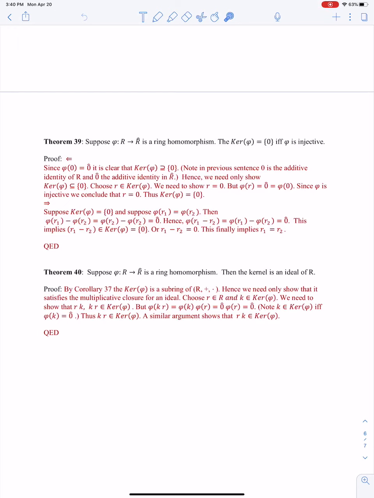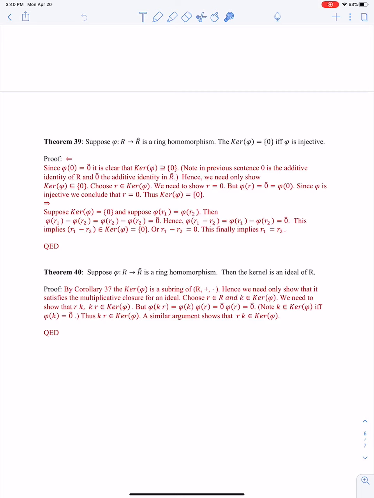So pick an arbitrary r in the kernel. Then phi of r is, since it's in the kernel, equal to 0 hat. But guess what? Phi of 0 is also 0 hat. And it's assumed that phi is injective. So if phi of r is the same as phi of 0, that says r equals 0. And sure enough, I've just shown that the kernel of phi is the set 0.